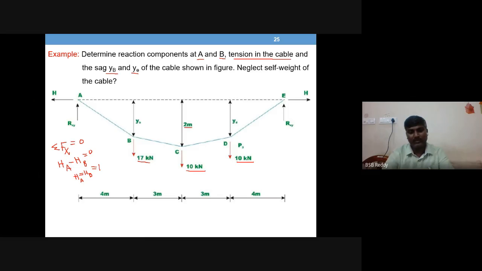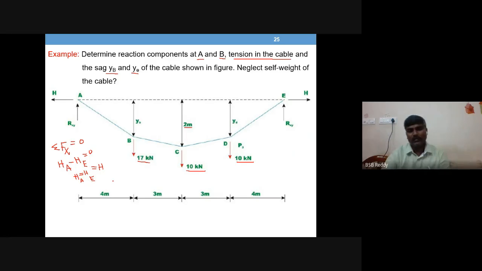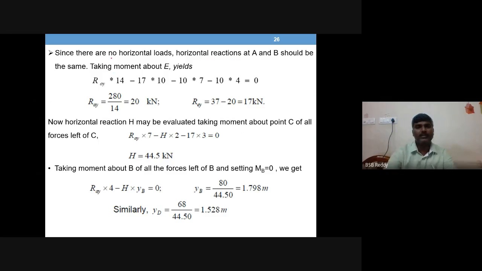So that's why we can write it as H. The reason is there is no horizontal force anywhere, only two horizontal forces, one at A and another at E. Sorry, I wrote B. The support is taken as E. That is written in a sentence here.